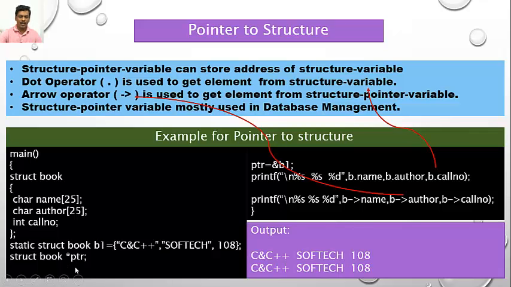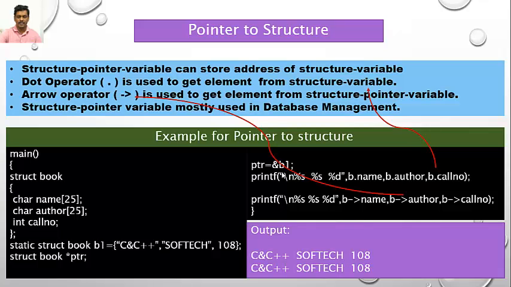All addresses are in integer format, so every pointer variable that stores an address occupies only 2 bytes.